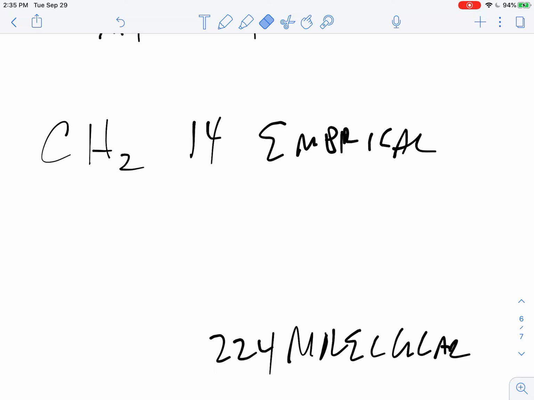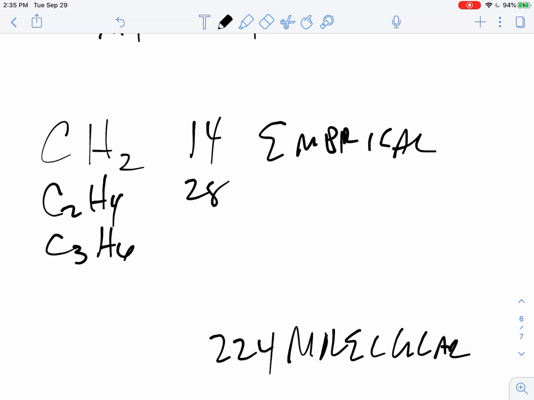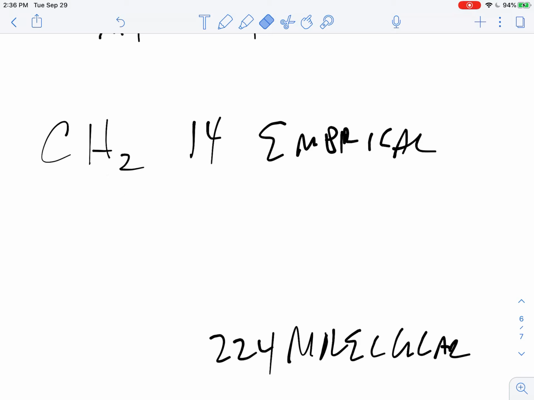So, which one is it? Well, if it was C2H4, then it would have a mass of 28. If it was C3H6, it would have a mass of 42, and so forth and so on down the way. So 224, if I divide that by my 14, I get an answer of 16.